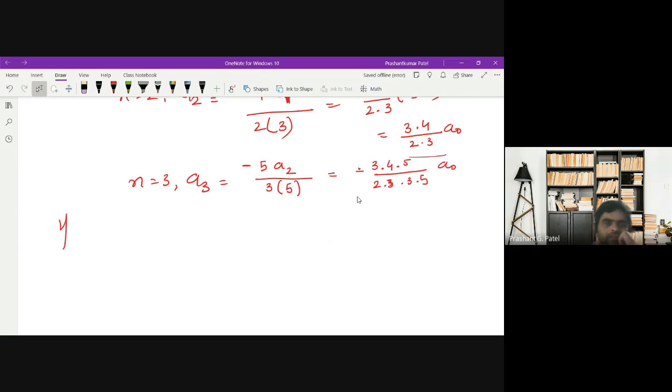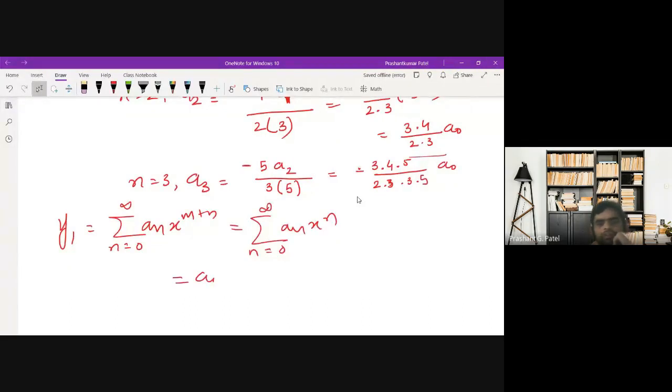So what is y1? It is the summation n running from 0 to infinity of a_n x raised to m plus n, but m is 0, so it is a_n x raised to n. So the series is a0 plus a1x plus a2x squared and so on. If you want, you can take a0 common out, which is 1.